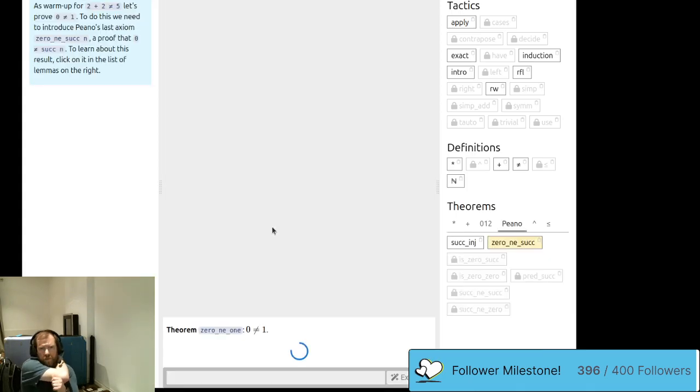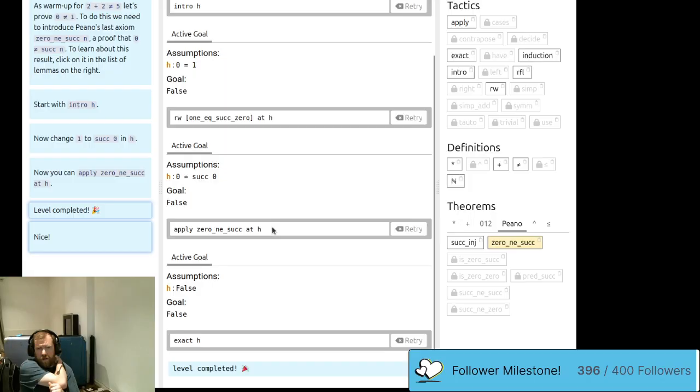So, what happened? 0 equals successive 0, goal false. Apply 0 is not equal to successive at h. It became h is false.